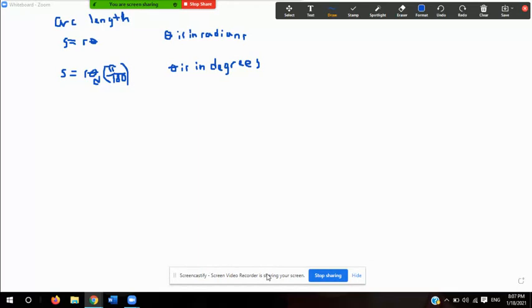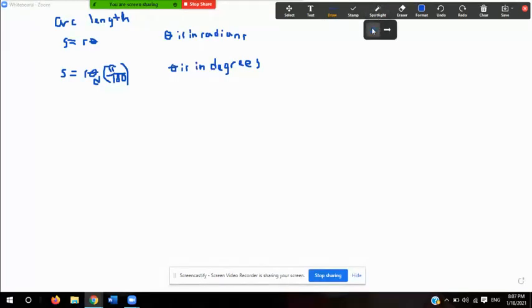Now we're going to assume that we're given the central angle and we want to find the arc length. Arc length is given by the formula S equals R, which is the radius, multiplied by theta, where theta is in radians.